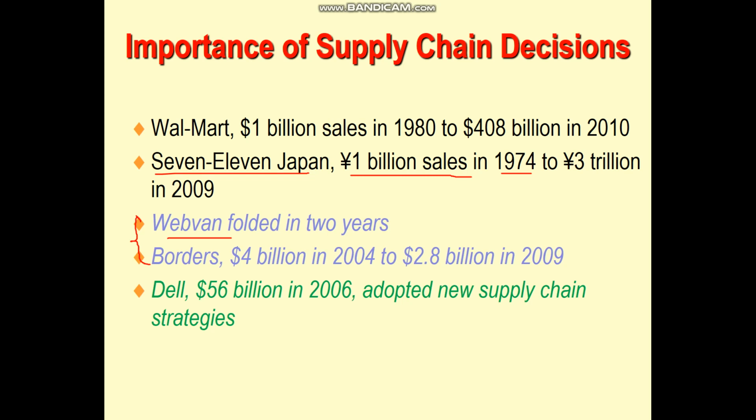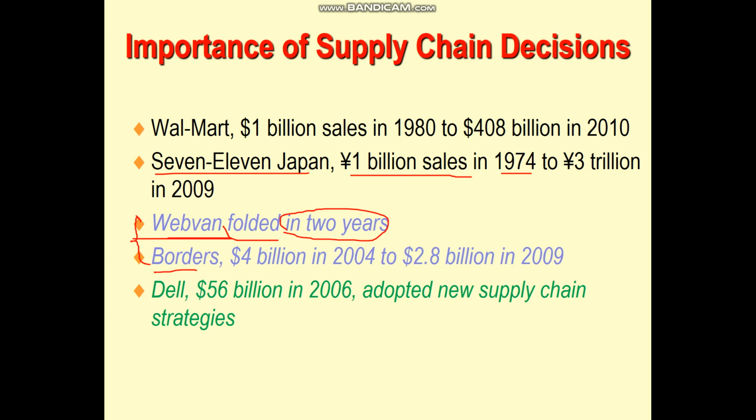However, Webvan could not compete with the traditional supermarket in terms of cost, because this is an online business, so they had to pay higher transportation cost. That's why in 2001 the sales of Webvan folded in just 2 years. It means reduced by half.